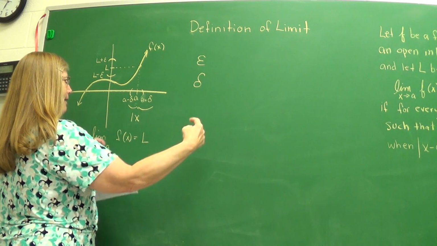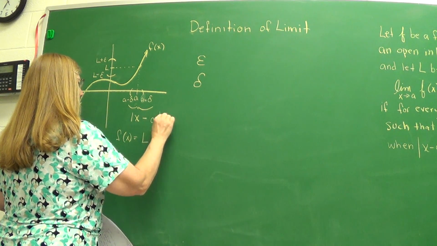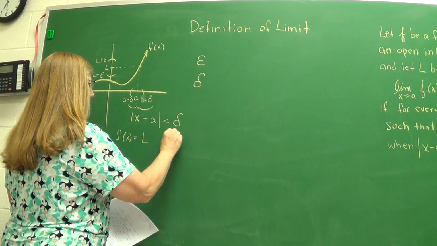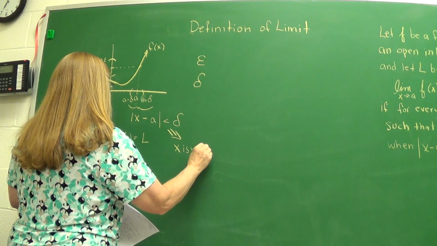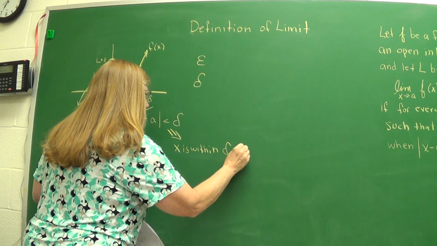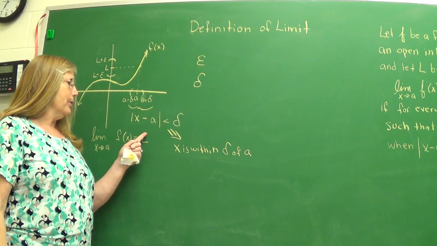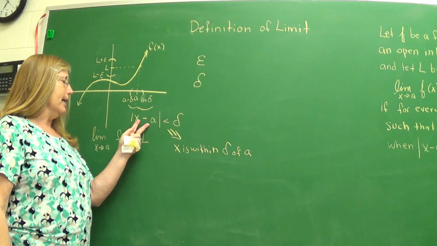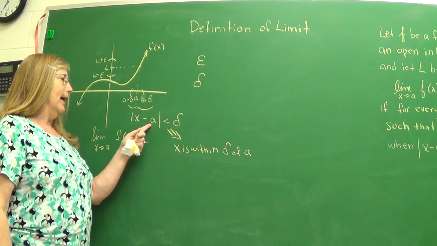We're approaching A from either side. That is to say, x is within delta of A. So if you can carry that understanding of absolute value symbols, that's what this is saying. The difference between x and A is going to be less than delta. So x is within delta of A.